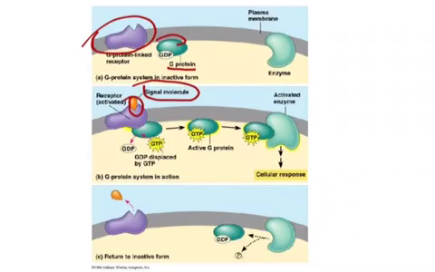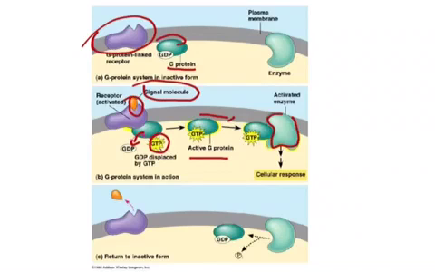This stimulates the G protein to lose GDP and replace it with GTP, guanosine triphosphate. This activates the G protein, which then moves along the cell membrane and then binds to another enzyme in the membrane here and activates it.